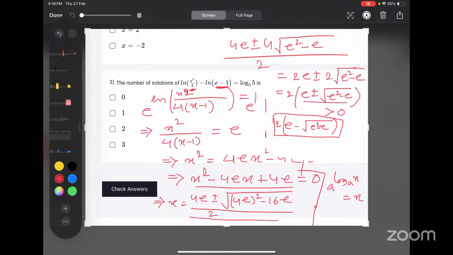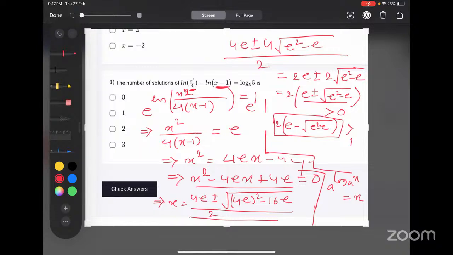Actually, I just graduated from high school and we don't have the habit of using a calculator. From here, e is about 2.7, so 5 minus 2 is about 3, root 3 is about 1.7, so it will obviously be more than 1. That means both the solutions of x are more than 1, so the number of solutions should be 2.